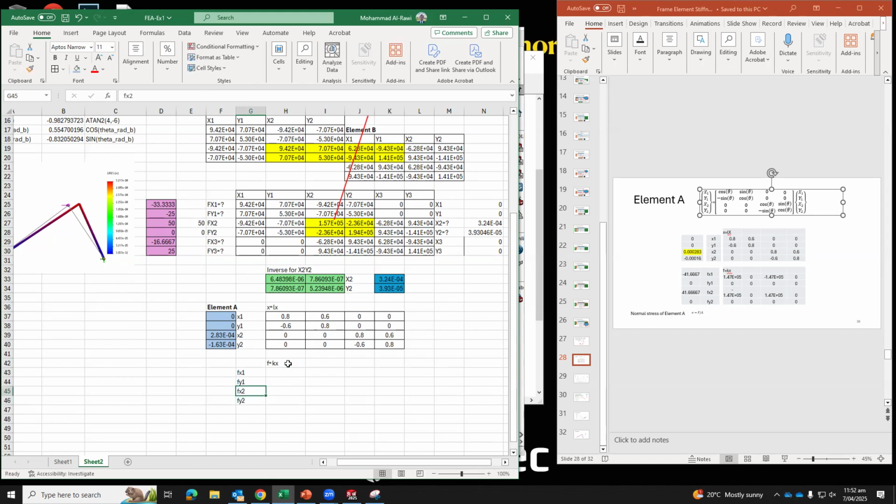So the analysis of the force in X and Y direction for each one of them. Here, what should be the relationship? K, do we have the K value? We already found the K value in advance. K for element A multiplied with the local K matrix.